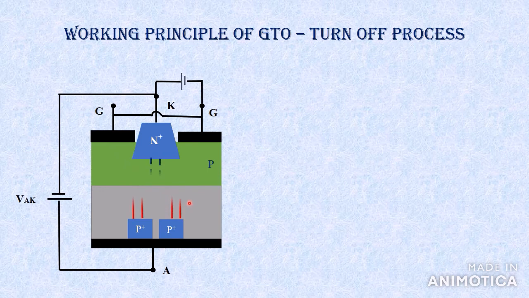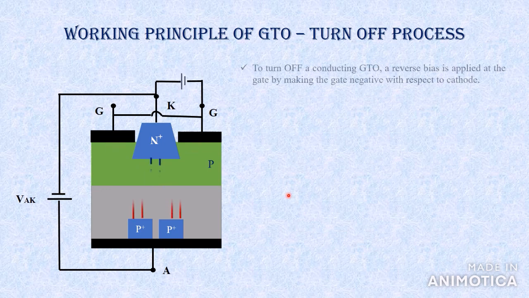As we keep increasing this negative voltage, more and more holes get diverted through the gate terminal. As a result, this suppresses the electron emission from the cathode. As we further increase this voltage, electron emission is suppressed due to the reverse bias of the junction between the cathode and the P region. This in turn turns off the device.